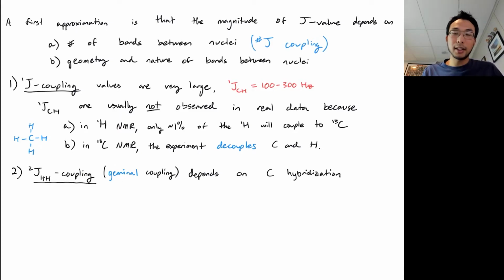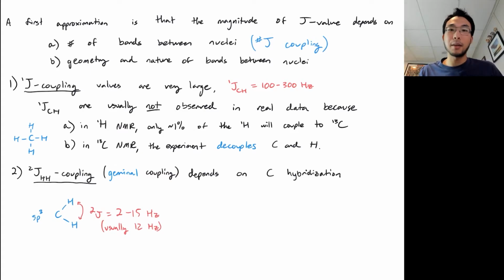And the geminal coupling constant will depend on the hybridization of the carbon atom. So for an sp3 carbon, the 2J value is between 2 to 15 hertz, and generally speaking it's going to be about 12 hertz. So there is a wide range, but 12 hertz is the most common value.